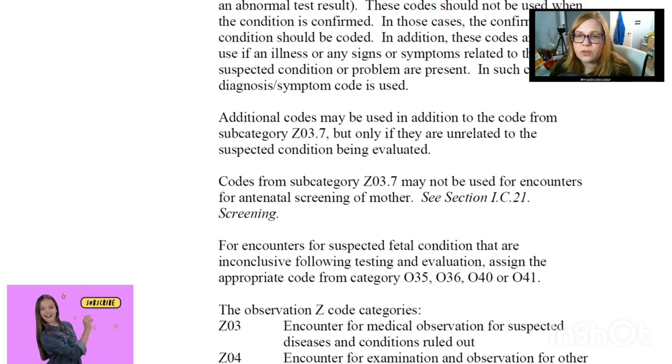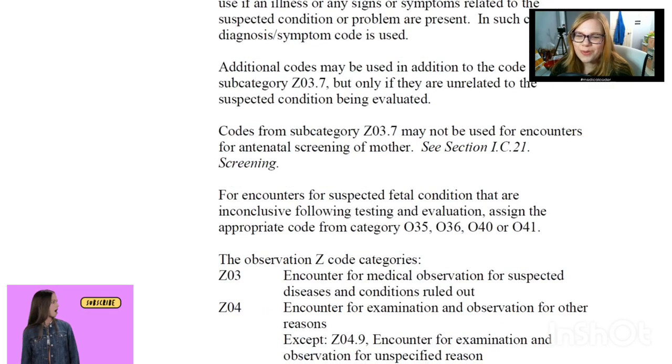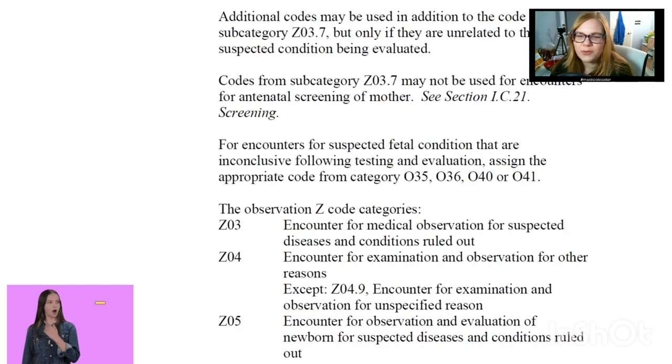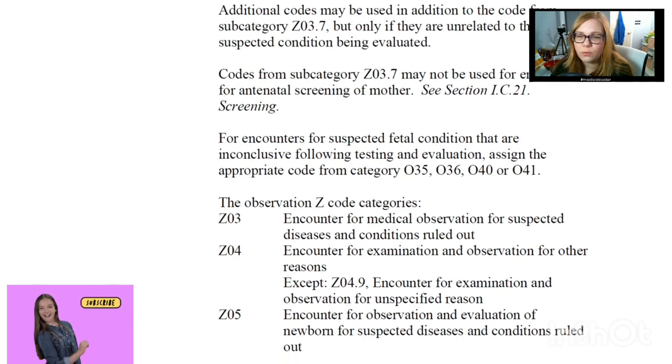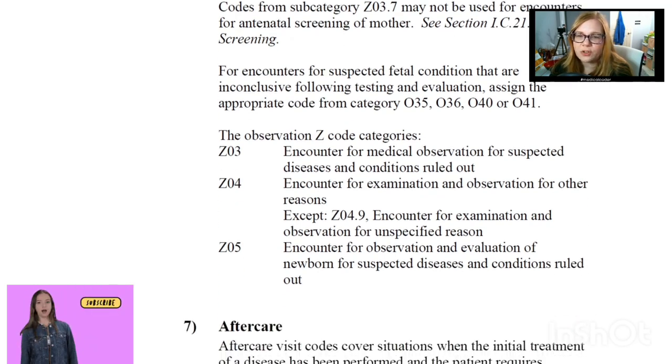Additional codes may be used in addition to the code from subcategory Z03.7, but only if they are unrelated to the suspected condition being evaluated. Codes from subcategory Z03.7 may not be used for encounters for antenatal screening of the mother. For encounters for suspected fetal condition that are inconclusive following testing or evaluation, assign the appropriate code from categories O35, O36, O40, or O41.